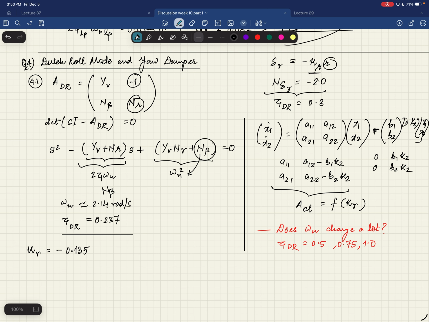R is positive, which means the yawing moment that I am getting is positive. So I'm good. My aircraft ran this way and then I'm getting yawing moment. Okay. Actually, let's move on to the spiral mode first. Let's do spiral mode first.